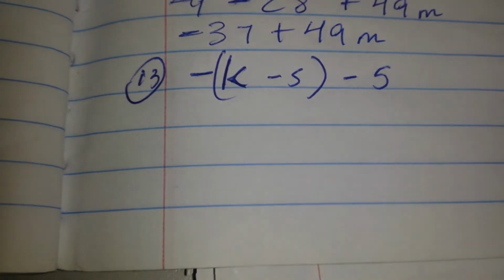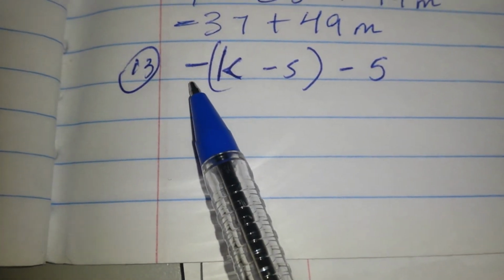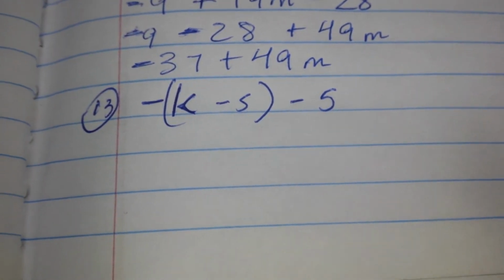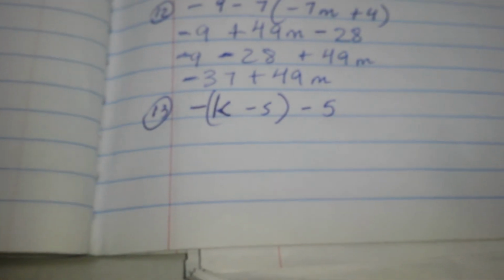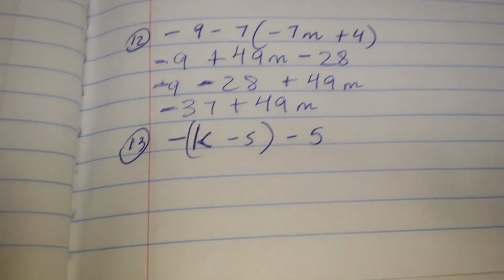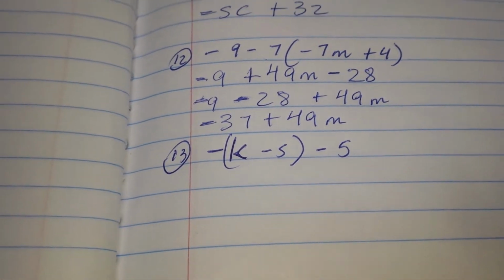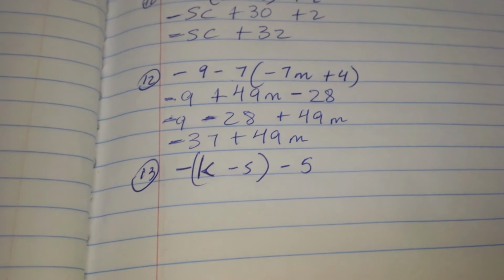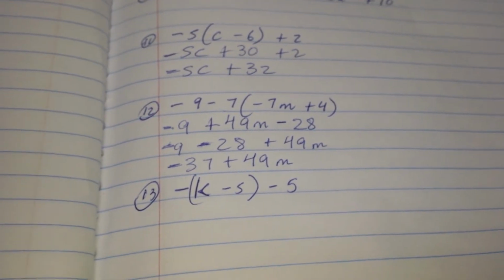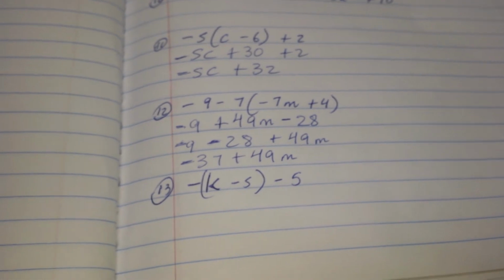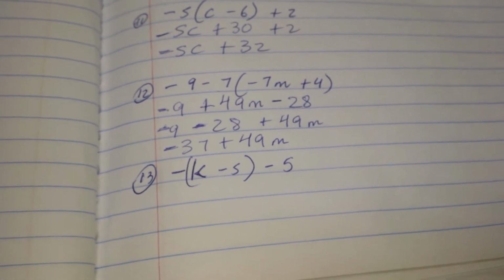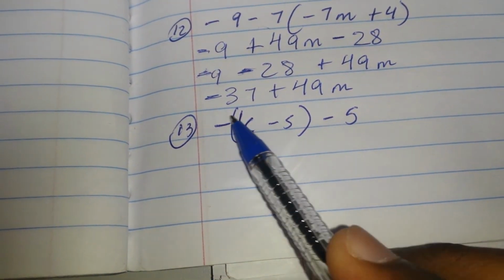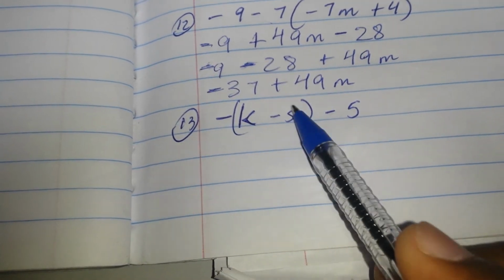Right, this one here, you have the minus sign outside. Listen to this, we are going to use that minus and take it, we are going to deem that minus as minus 1. Whenever you see a minus outside of a bracket or a positive sign outside a bracket, with no number or nothing with it, deem it as minus 1, or if it's positive, 1. So we are multiplying whatever is outside the bracket by what's inside the bracket.